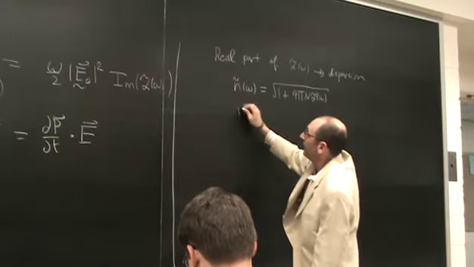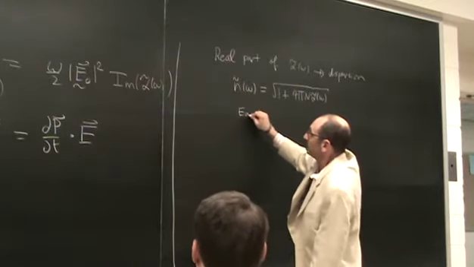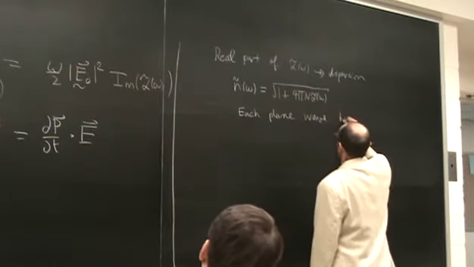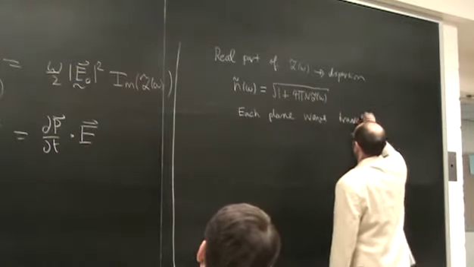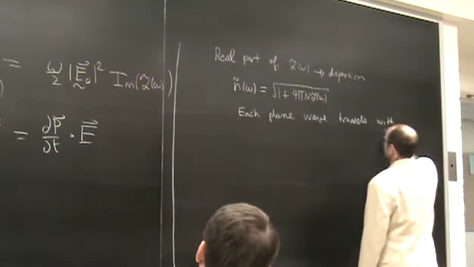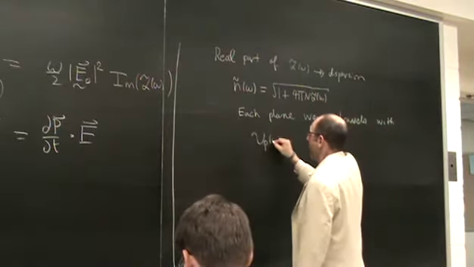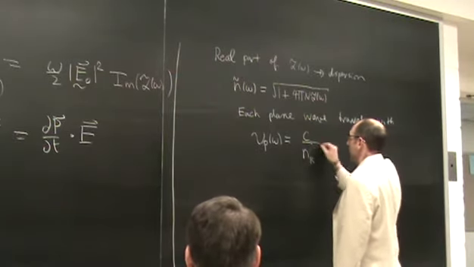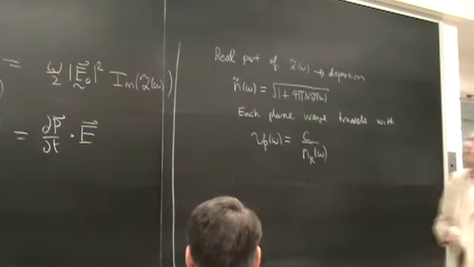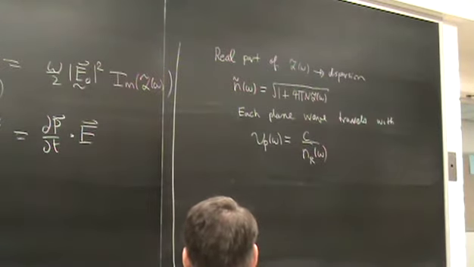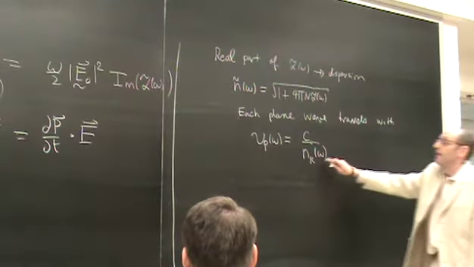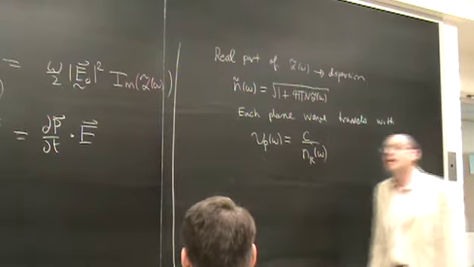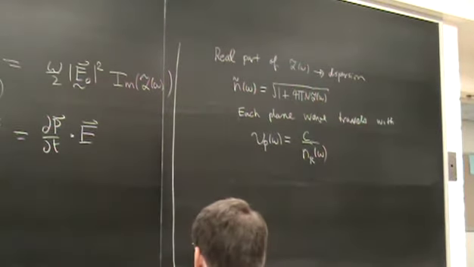And we have then that each plane wave travels with phase velocity that is given by the real part of the index of refraction, which generally depends on omega. In this way, we see the dispersive line shape. That's what this function is often called.